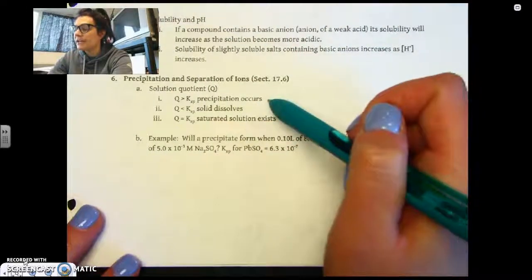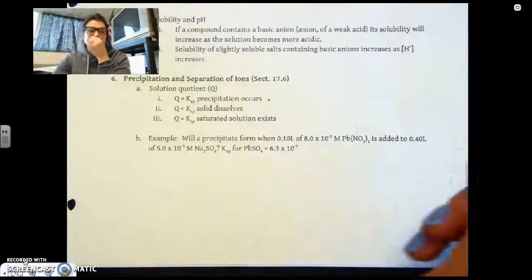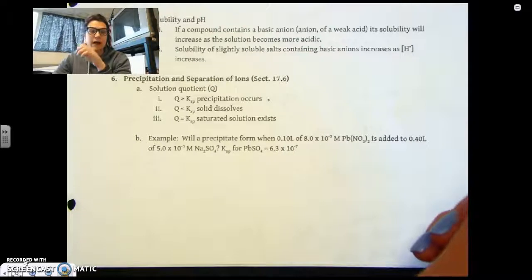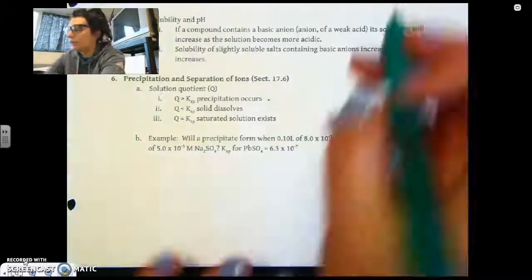The first one is if Q is bigger than KSP, that means I will have a solid formation, or a precipitate will form. Let me write it out.